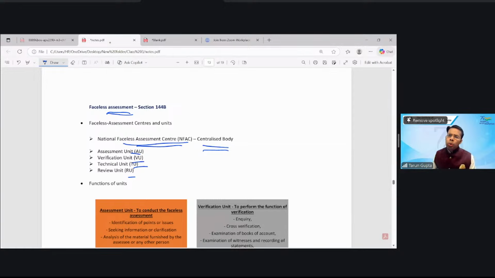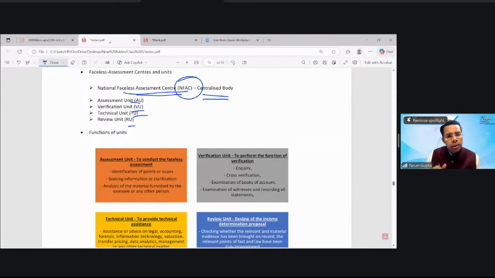It consists of AOs, ACs, DCITs, Additional Commissioners, all kinds of officers. All offices are divided into these types of units, either assessment unit, verification unit, technical unit or review unit. But all communication is done through NFAC, National Faceless Assessment Center.